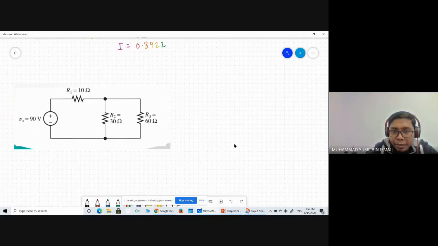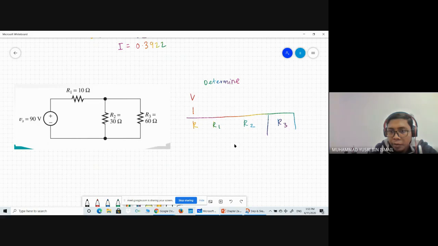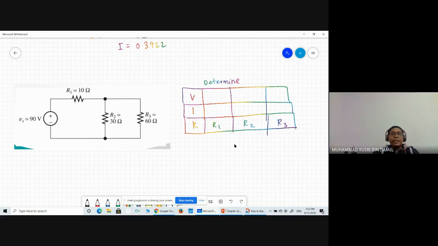Okay, try to determine the voltage at R1, R2 and R3 and the current at R1, R2 and R3.